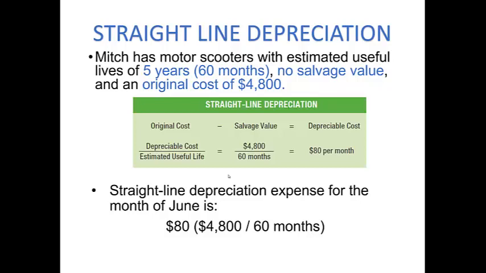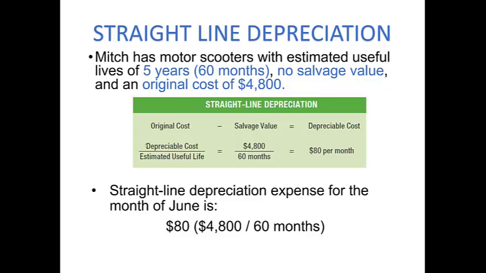Mitch has motor scooters with estimated useful lives of 5 years or 60 months, no salvage value, and an original cost of $4,800. The formula is to first find the depreciable cost, and that's the original cost minus the salvage value. So we're going to back out the salvage value before we depreciate it.